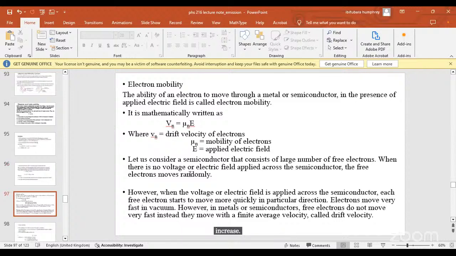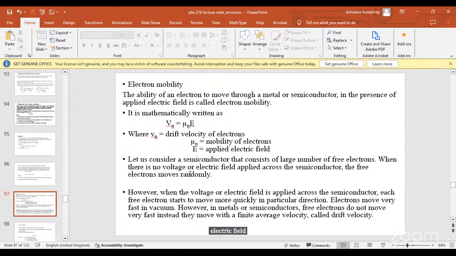Electron mobility. The ability of an electron to move through a metal or semiconductor in the presence of an applied electric field is called electron mobility, and is given as V subscript n, the drift velocity of the electron, equal to mobility of the electrons times the applied electric field.